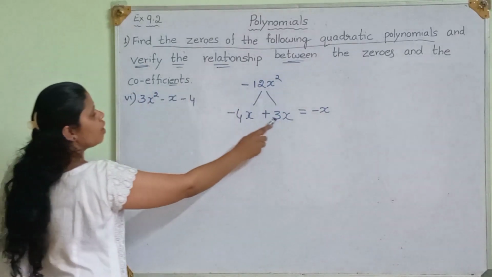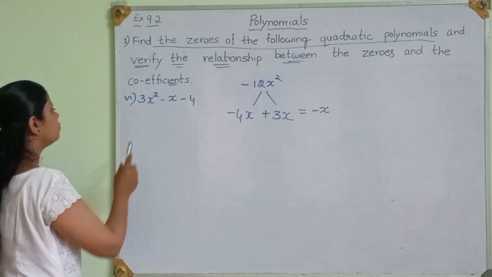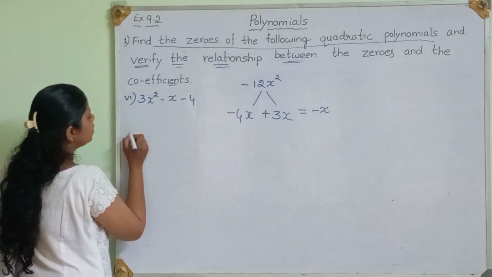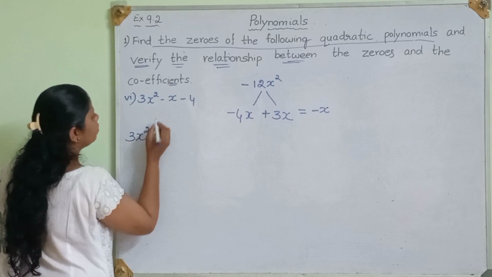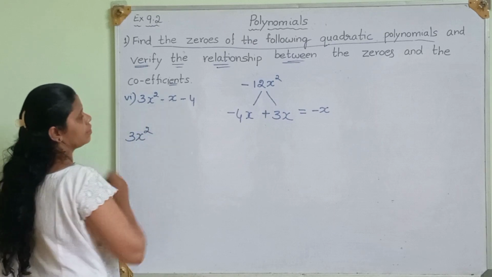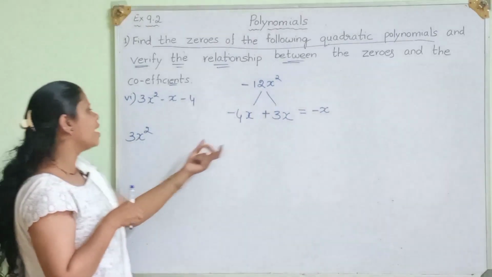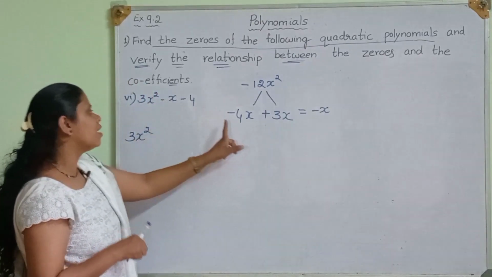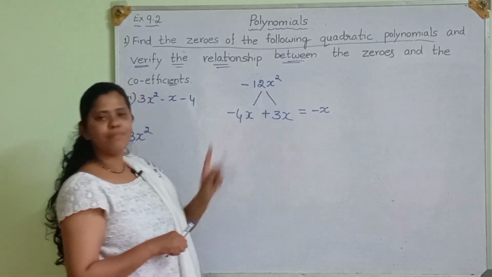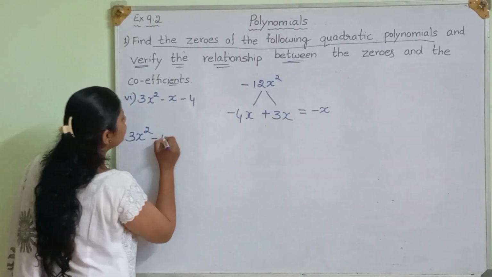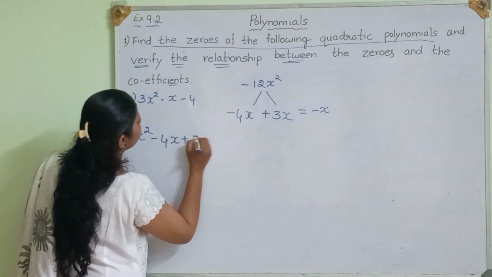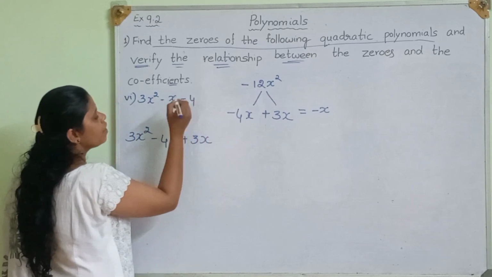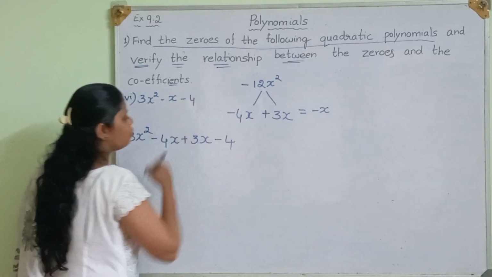So these two are the factors. Now 3x square minus x, this minus x we are replacing as minus 4x plus 3x.